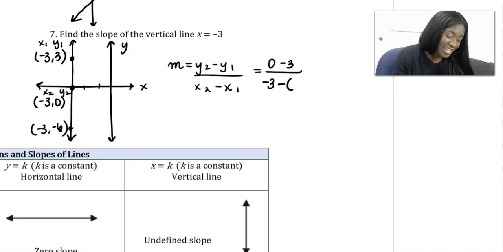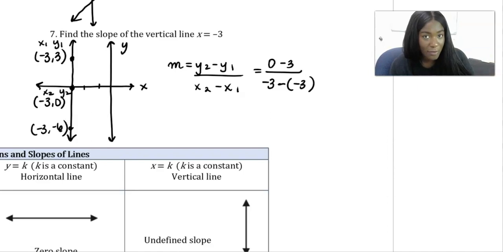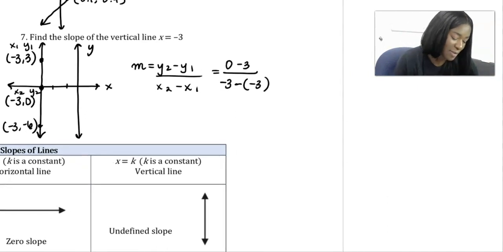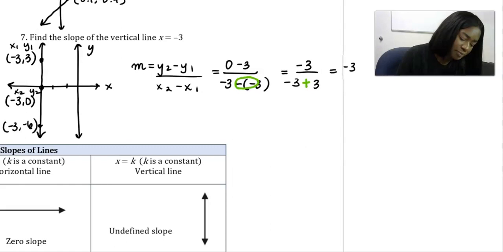So we are subtracting a negative 3. Again, be very careful with your signs there. There's already a minus sign in the slope formula, and then we are subtracting a negative number. So those two negatives will come together to give us a positive. So in the numerator, we just have a negative 3. And in the denominator, we have a negative 3, careful with signs here, plus 3. And negative 3 plus 3 is 0.